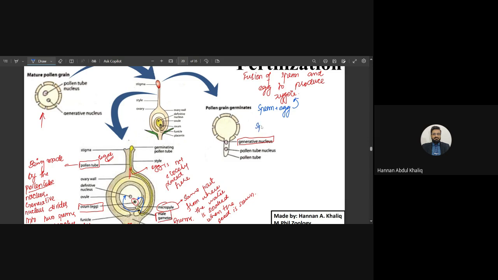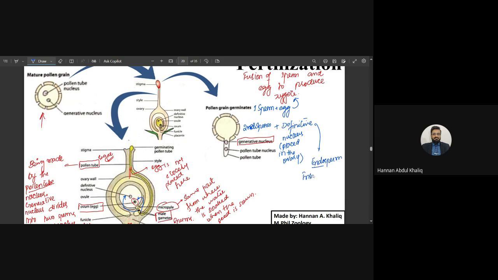But the second sperm plus the definitive nucleus that was placed in the ovary, when they combine, and this does not mean two sperms, it means the second sperm, they would make endosperm.